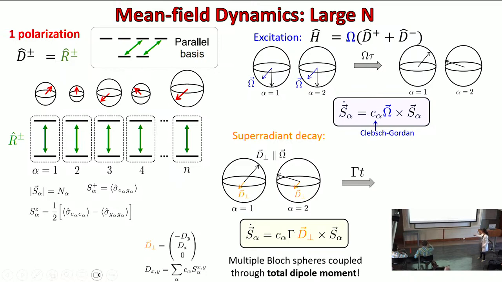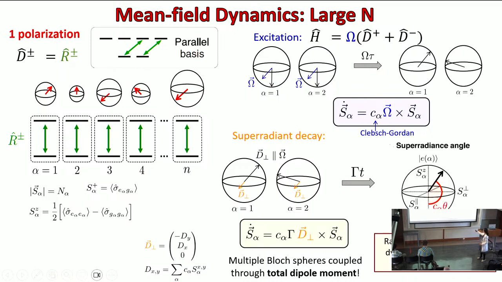So the sum over all of them is a vector perpendicular to this collective dipole moment, but the direction is always fixed and parallel to the drive. So we are going to have the same trajectories, I mean, the decay of each of the Bloch spheres in the YZ plane, but just with a different rate.